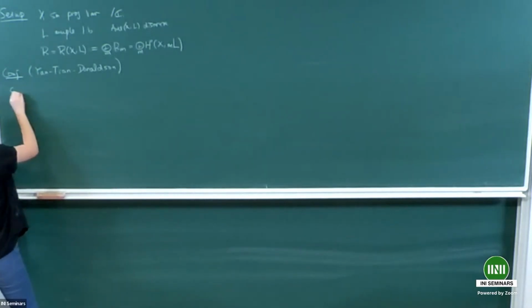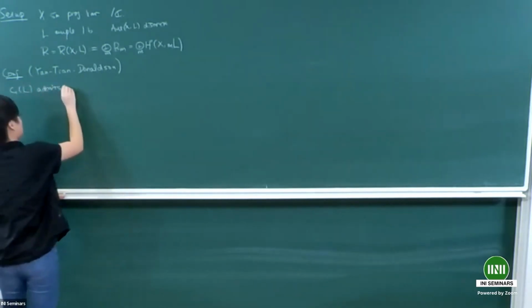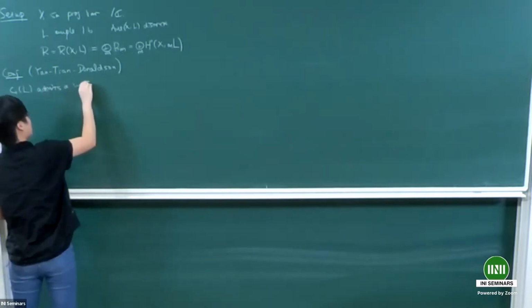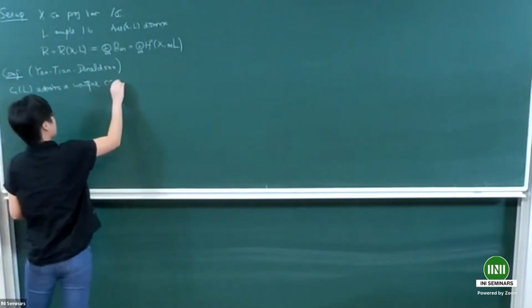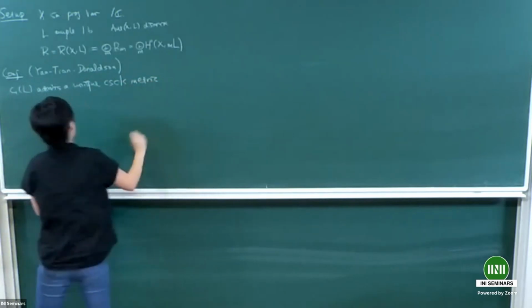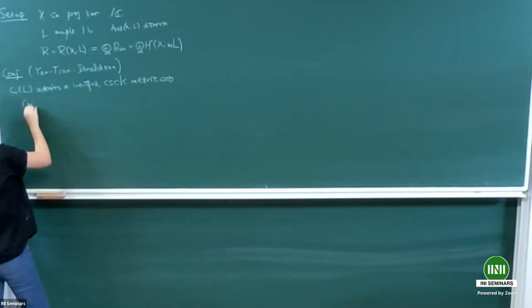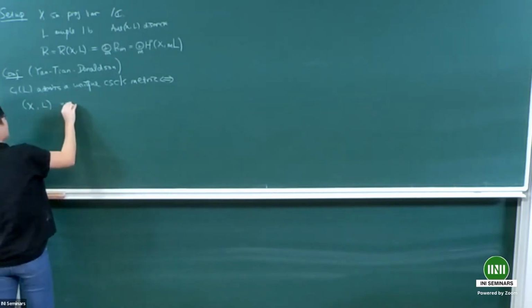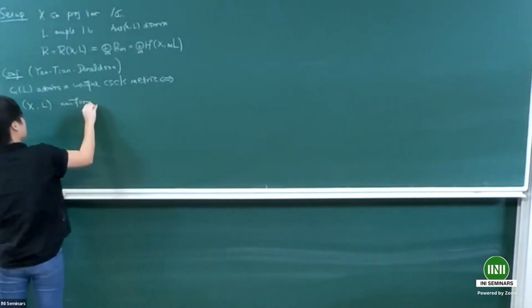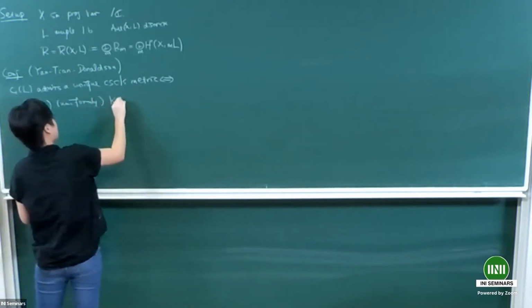So the conjecture is that the first Chern class of L admits a unique cscK metric if and only if the pair is uniformly, or if you wish, just K-stable.